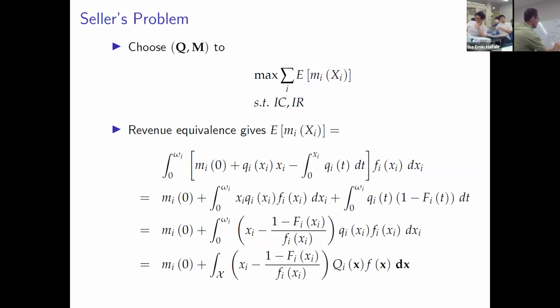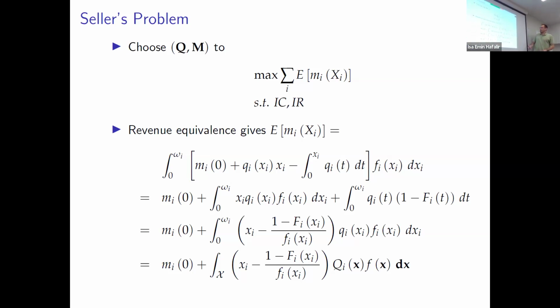This part just becomes 1 minus F(t). So this is how I get it. And I then change all the x_i's to t to make it look nicer. So the second part becomes this.